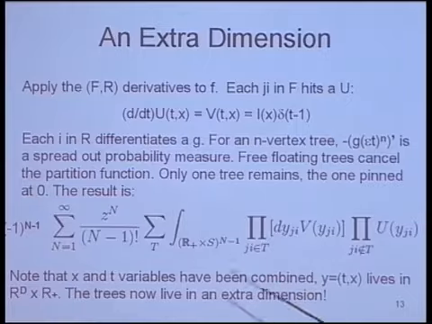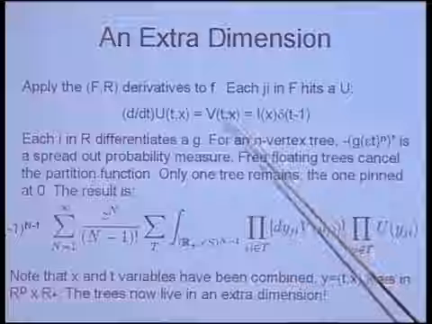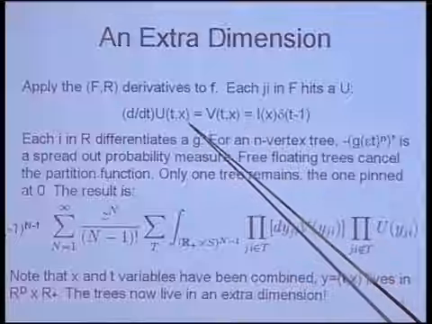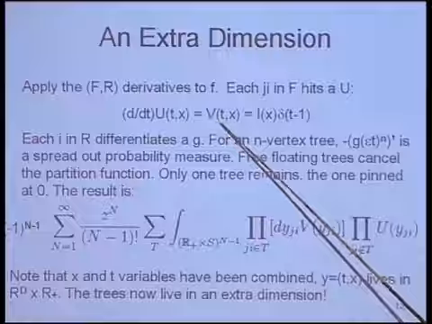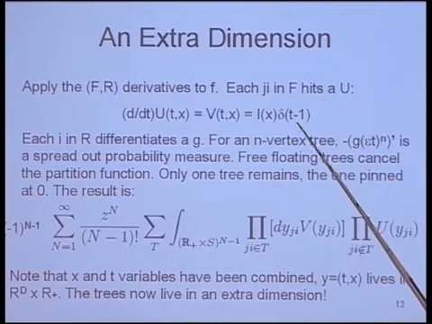So what happens when you apply the forest root formula? We have all these derivatives, and we differentiate a u. We get something which I call a v, which is the indicator function times the delta function.